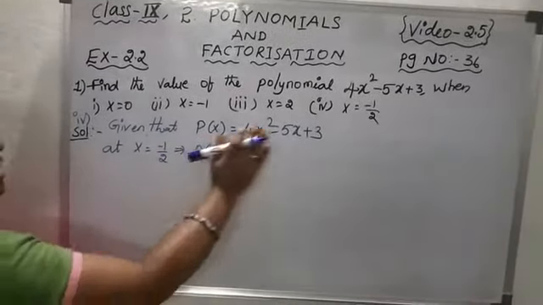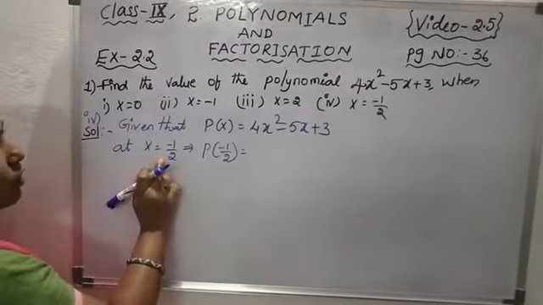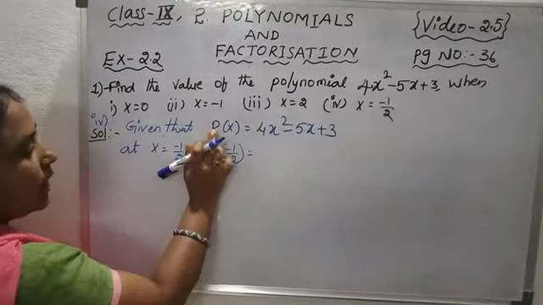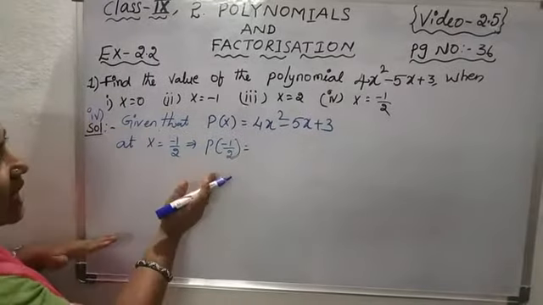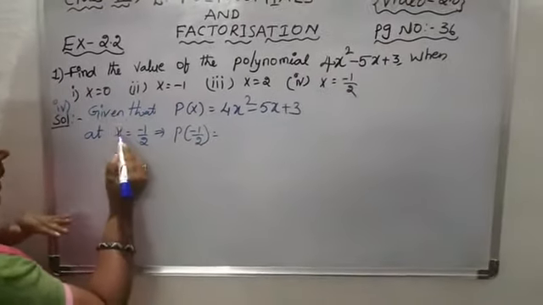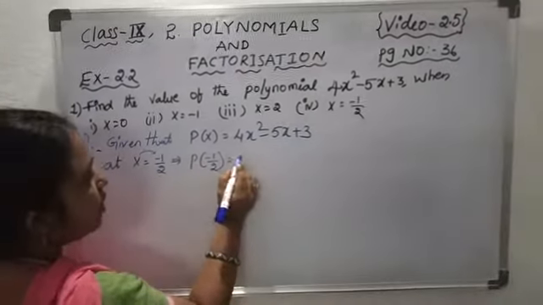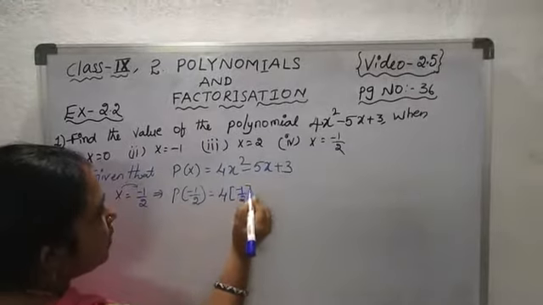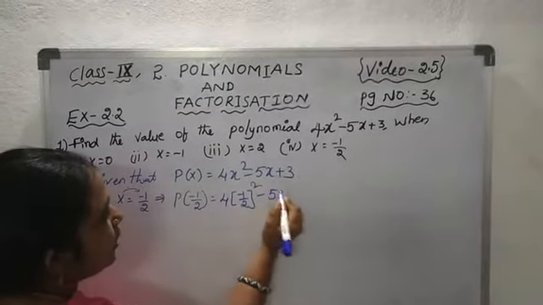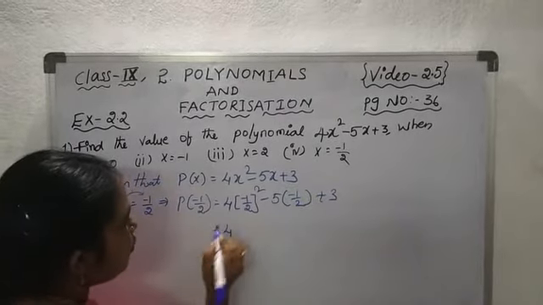Shall I start? So at x is equal to minus 1 by 2. Fourth one solution, x is equal to minus 1 by 2. Then our polynomial is p of, in the place of x we replace minus 1 by 2. Here p of x means 4 into, in the place of x I am writing minus 1 by 2 whole square, minus 5 into minus 1 by 2, plus 3, is equal to 4.